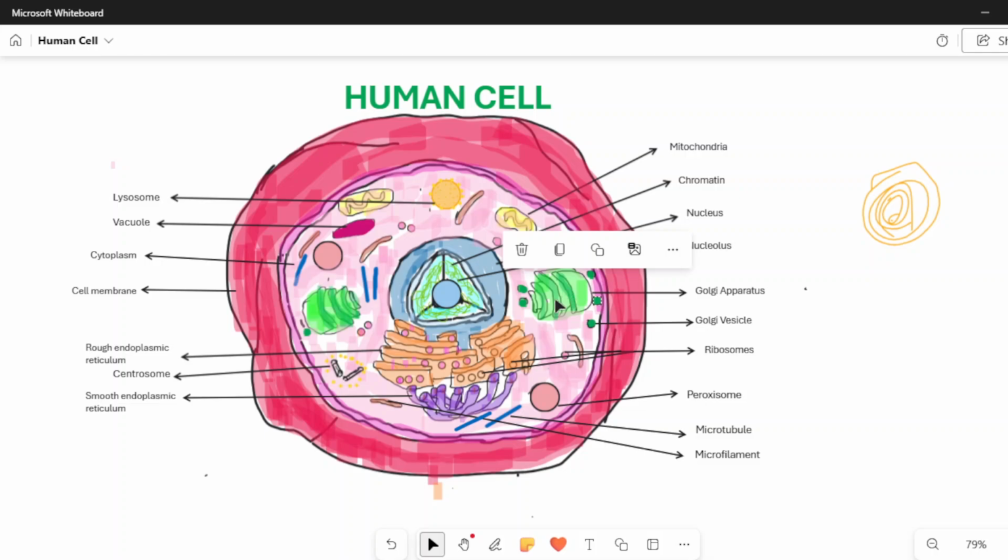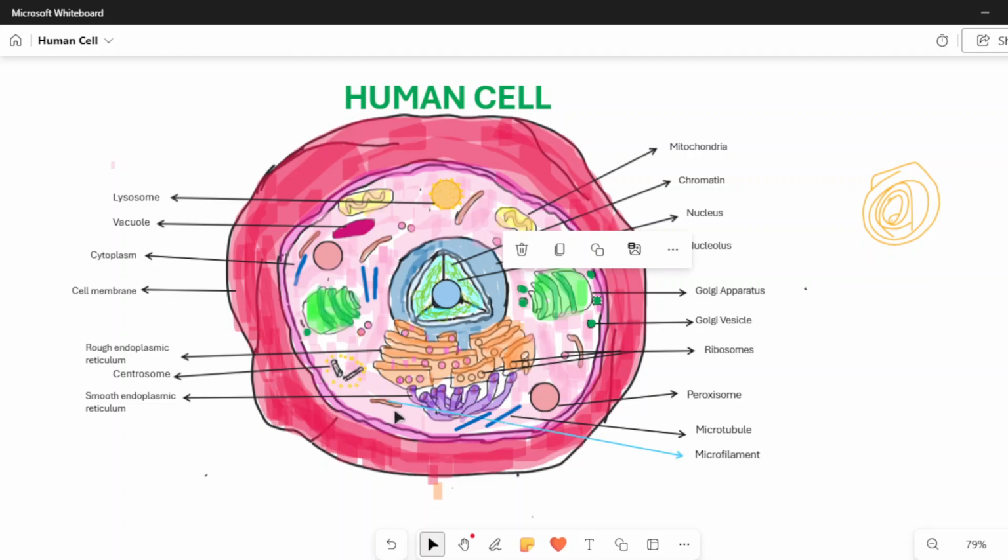So it acts like a post office. You are sending letters, and it sorts them, combines them, modifies them, gives output, and supplies those letters to whichever organelle they have to be sent to. So the Golgi apparatus does that post office work.